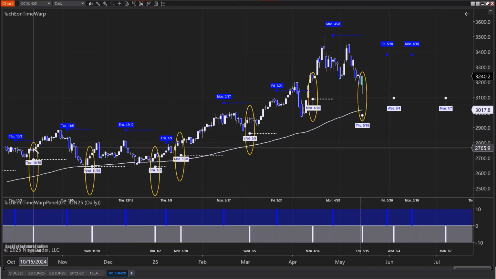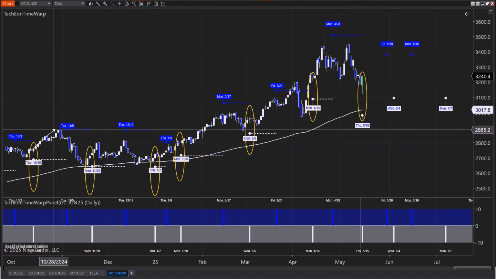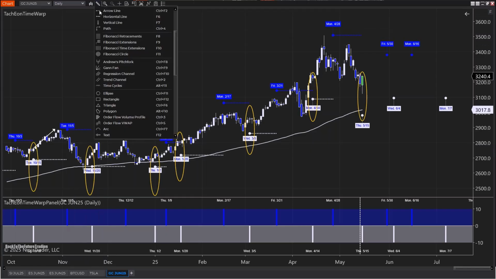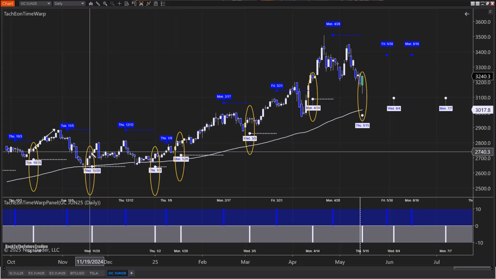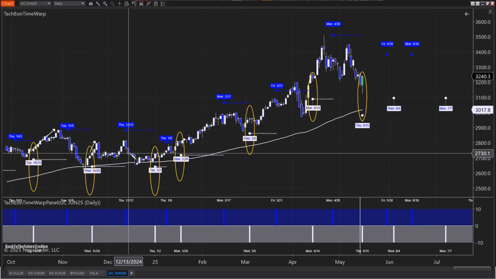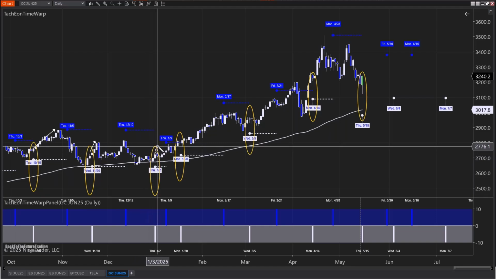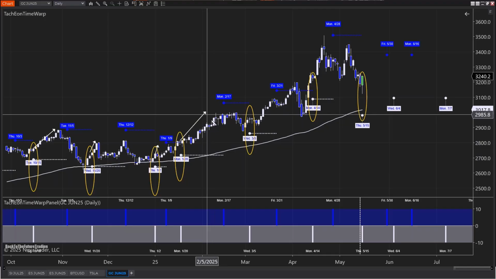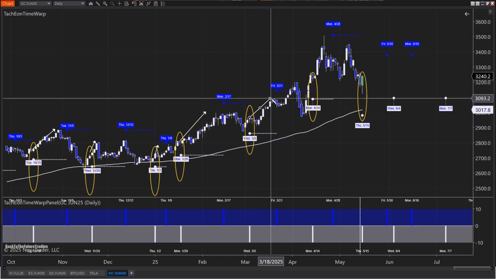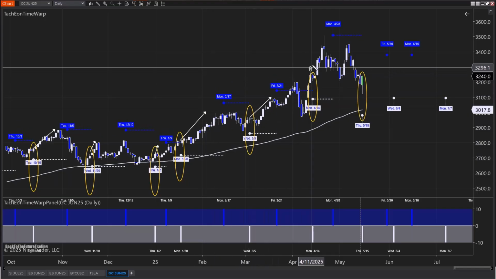So from the high of the 10:15 candle, how high did it go? And we'll just do this for all of them and get a sense of what the extension is at these times. From here to here, there to there, there to there, from there to there, and there to there.